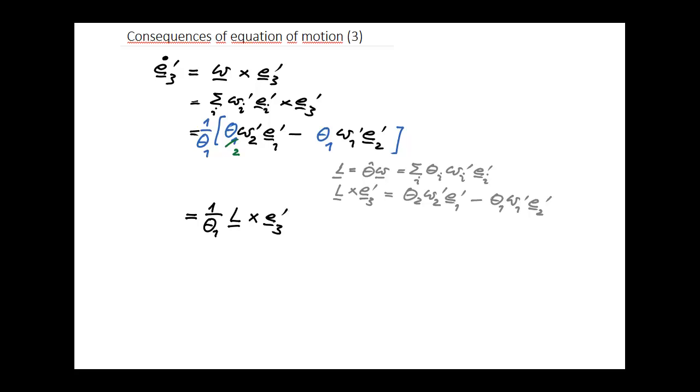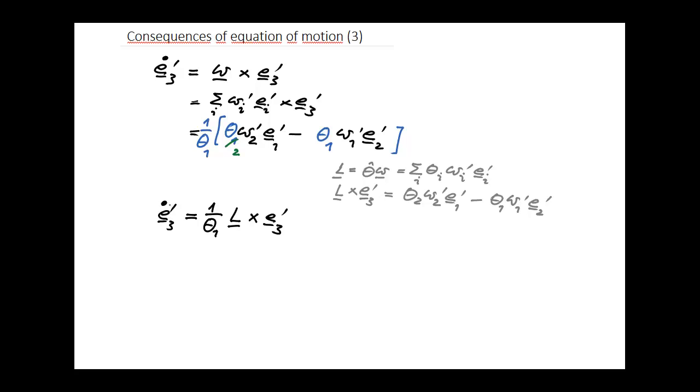So just as for the angular velocity vector, we have an equation of motion for e3 prime that has the structure time derivative equals some vector cross e3 prime. So this describes again a rotation, and it's a rotation around the axis spanned by the angular momentum.